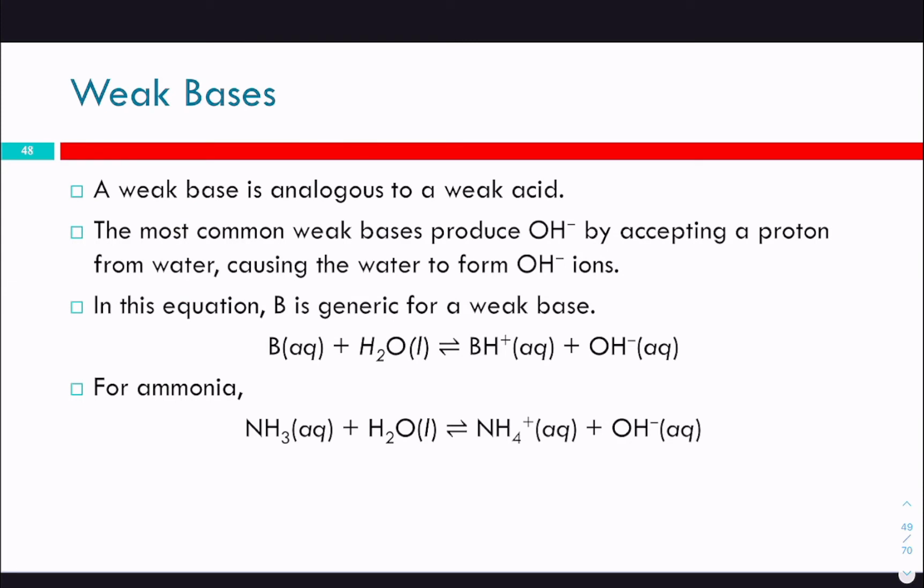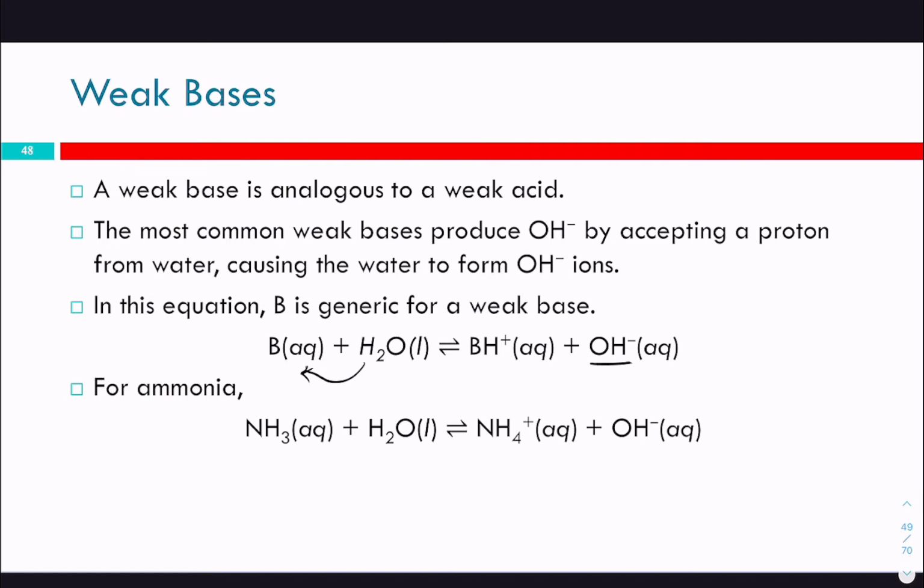Weak bases are like weak acids. The most common weak bases produce hydroxide ions by accepting a proton from water. So they form the hydroxide indirectly. For example, here we have aqueous B, which is generic for a weak base. It takes a hydrogen from water, which then forms OH minus.